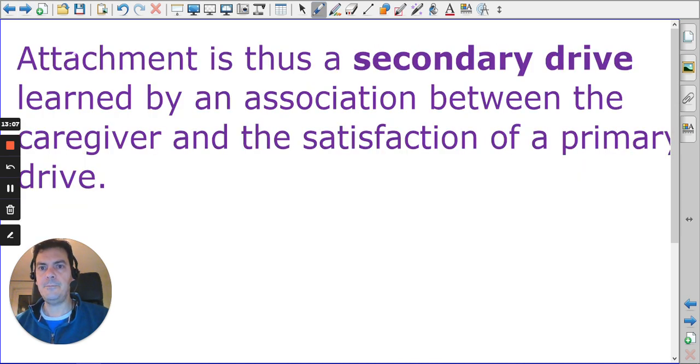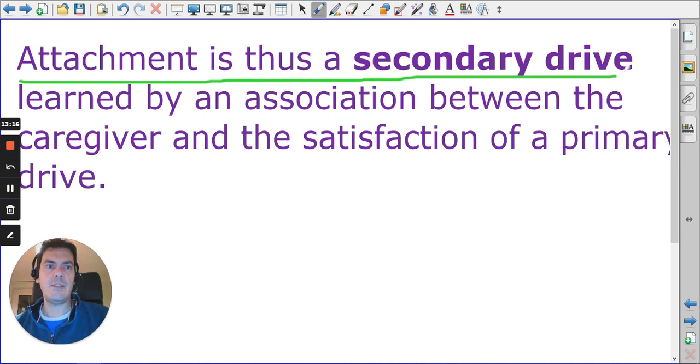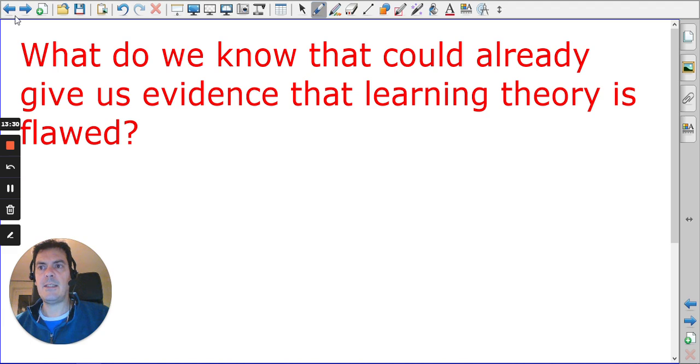Okay, and so of course what we find is that attachment, it says here, is then a secondary drive. So in other words, it ends up being quite important to the child to be attached to something or someone in order to make sure that their primary drive is satisfied. So that's why attachment becomes important at a particular stage.